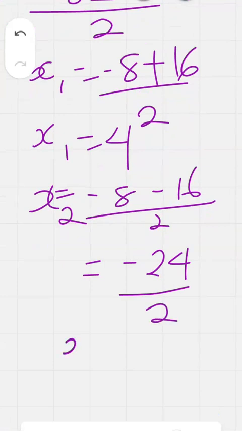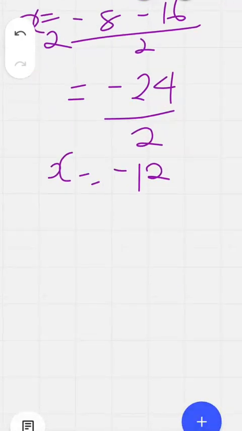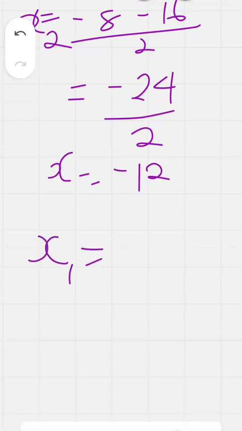So x2 is equal to negative 12. So we have x1 equal to 4, x2 equal to negative 12.